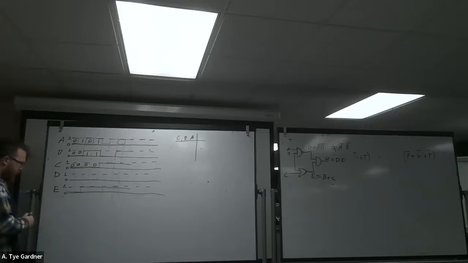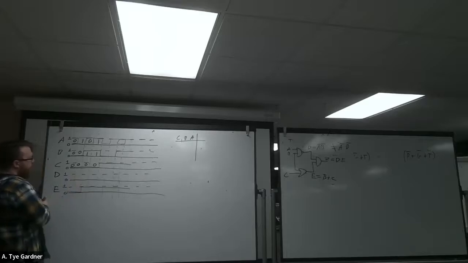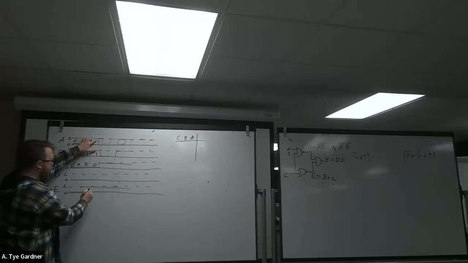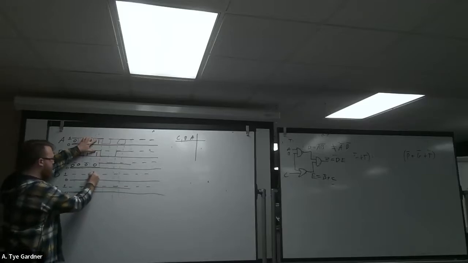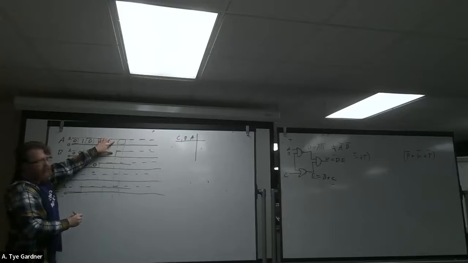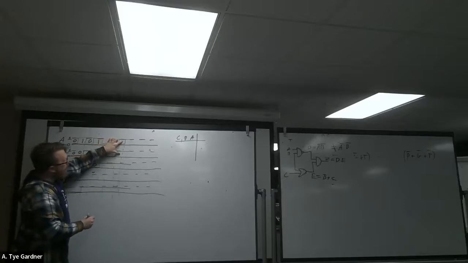Well, I really need another color. This is unfortunate. What we're going to have happen is here, A and B are true. Okay. I'm going to put a dot there. A is true, but B is not, right? B is, but A is not.